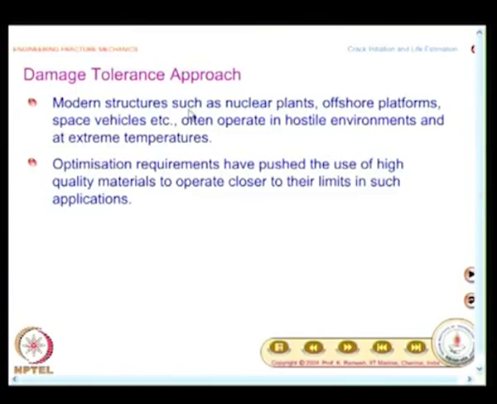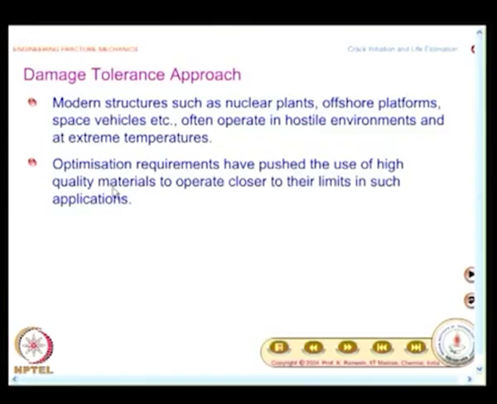And if you really look at the modern structures such as nuclear plants, offshore platforms, space vehicles, etc., they often operate in hostile environments and at extreme temperatures. See, such a necessity was not there in the earlier generations, particularly this generation we are pushing too hard. So, we are pushing the materials also to their extreme operating conditions.